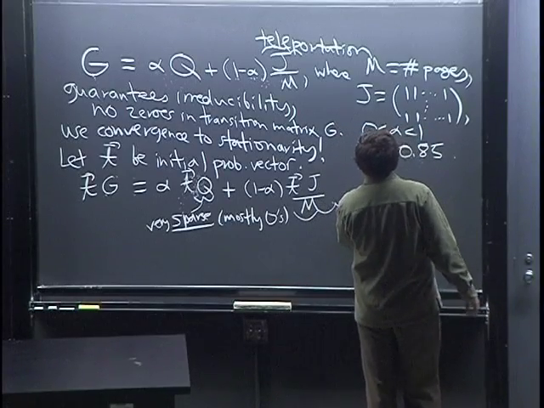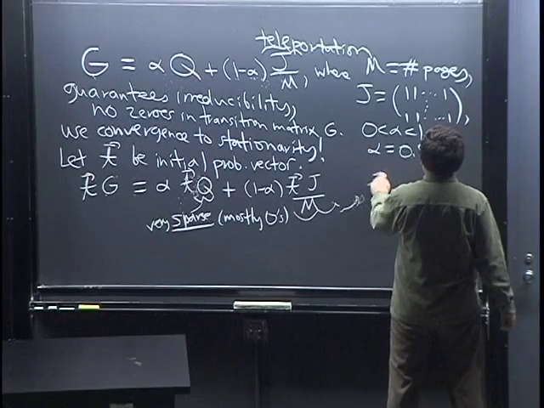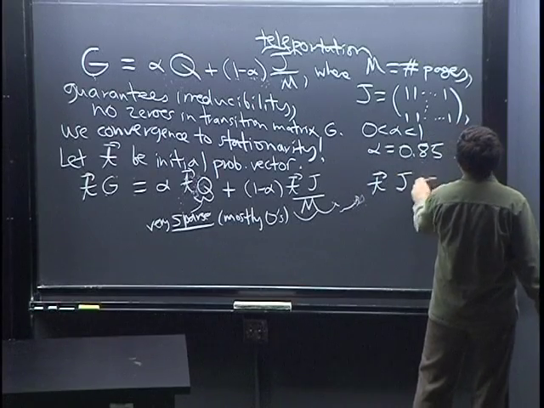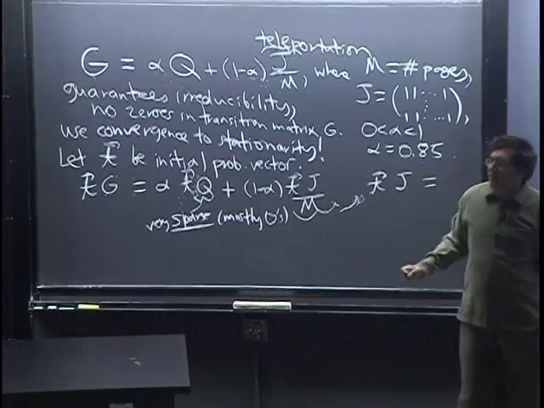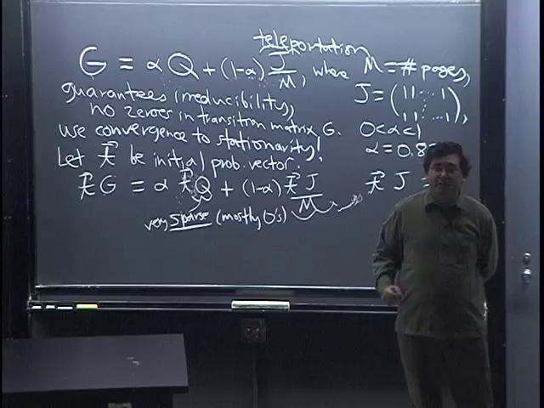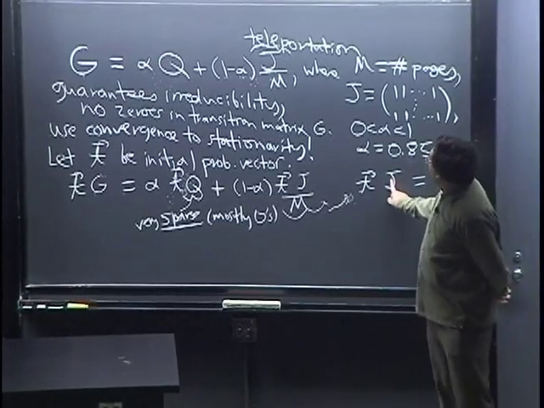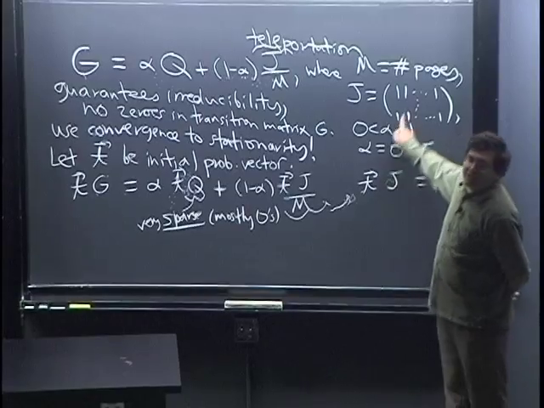Let's think about t times J. So remember, t is just some vector of probabilities that add up to 1, right? And then J is a very simple matrix. J is just all 1s.